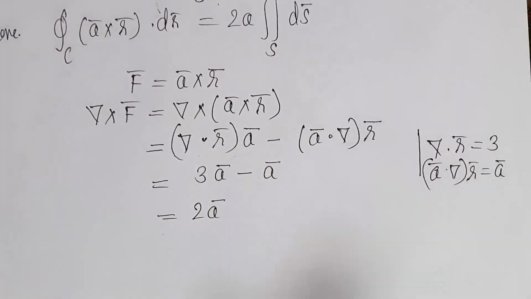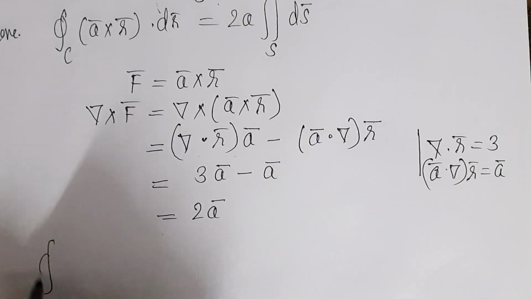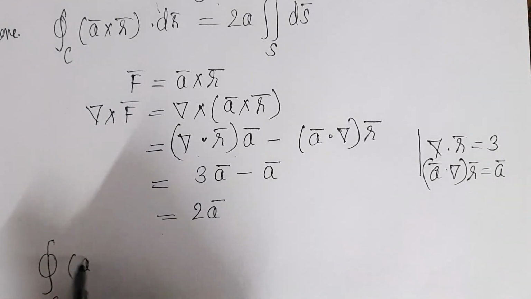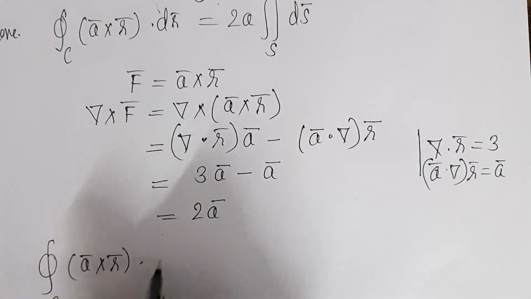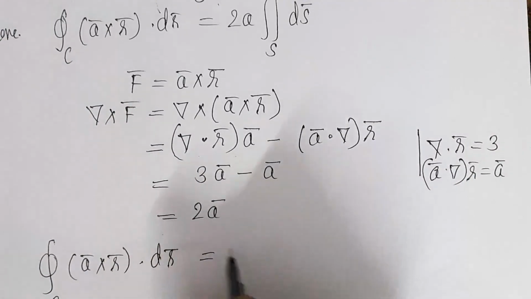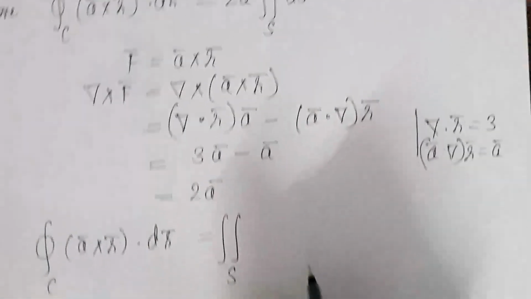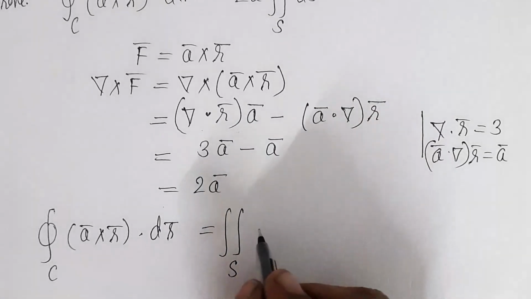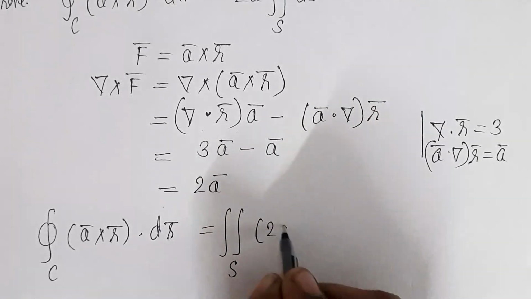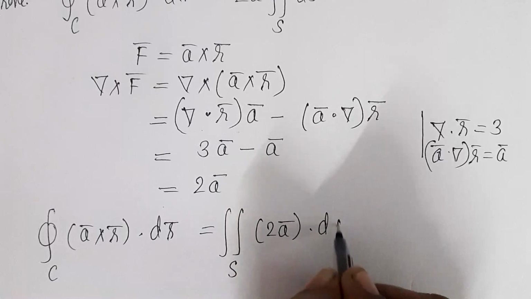Substitute in Stokes theorem. So Stokes theorem is integral over C of A cross R dot dr bar is equal to double integral over S of del cross f, and del cross f is 2A, dot ds bar.